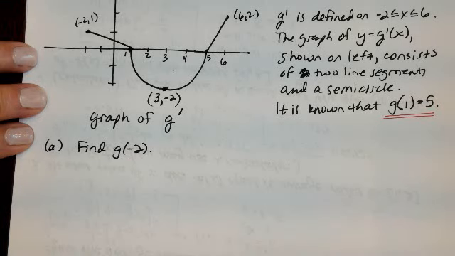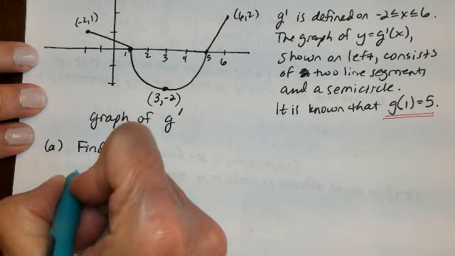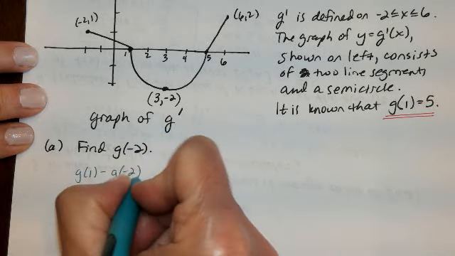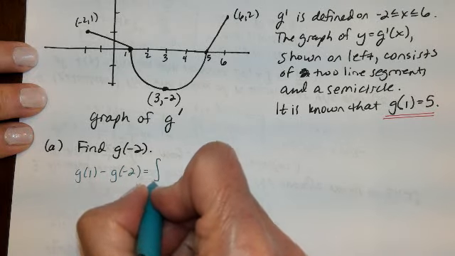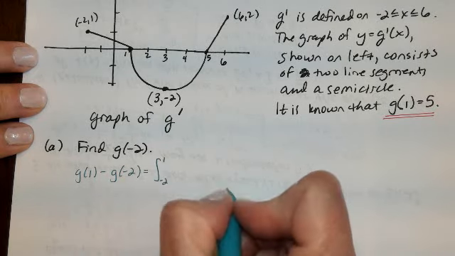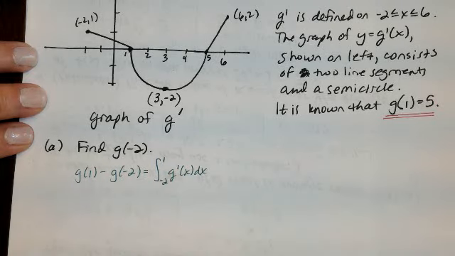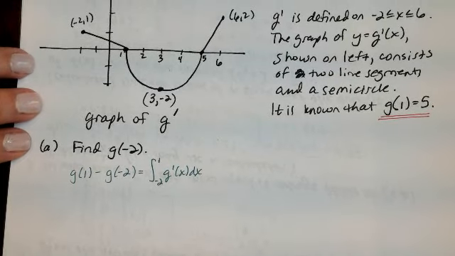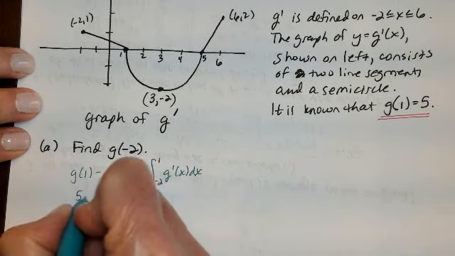So first fundamental theorem, 1 is bigger than -2, so I'm going to put G of 1 first. Set up that. And this is equal to the integral from -2 to 1 of G prime. Okay? All right, so what do we know? We know G of 1 is 5.